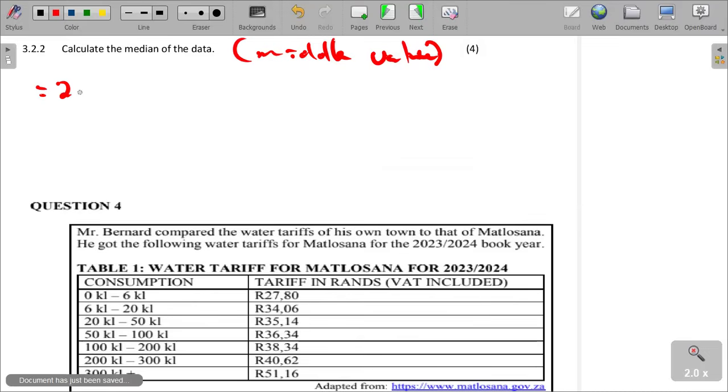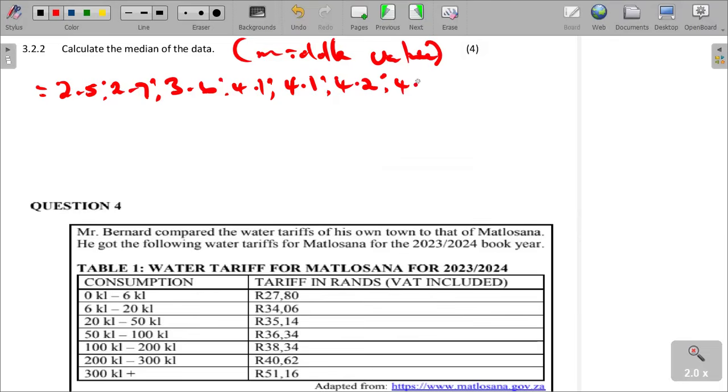We have 2.5, 2.9, 3.6, 4.1, 4.1, 4.2, 4.3, 4.4, 4.4, 4.7, 5.0, 5.1, 5.8.